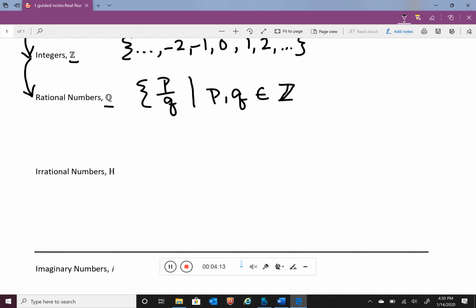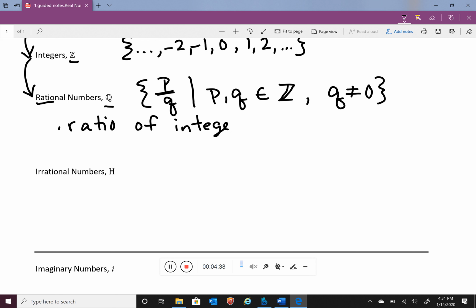There's that Z. But remember, we are not allowed to divide by 0. So Q cannot equal 0.